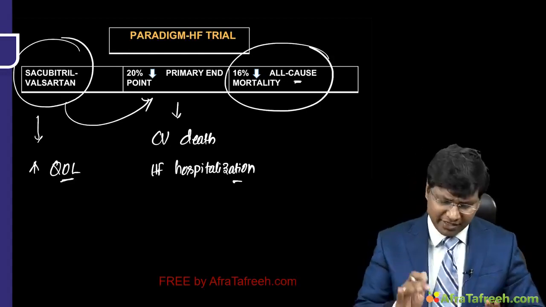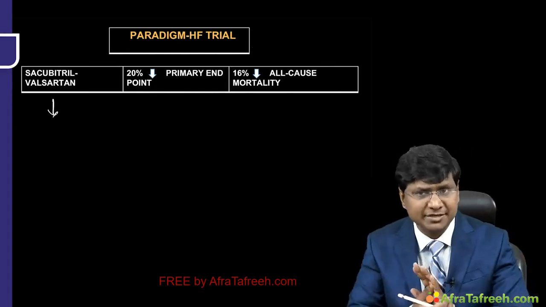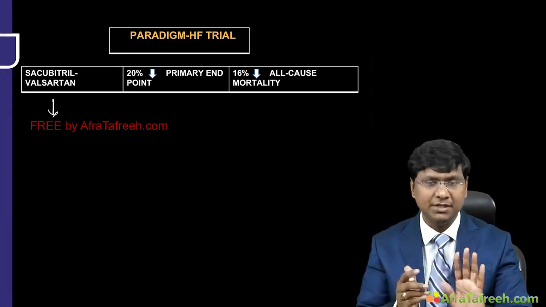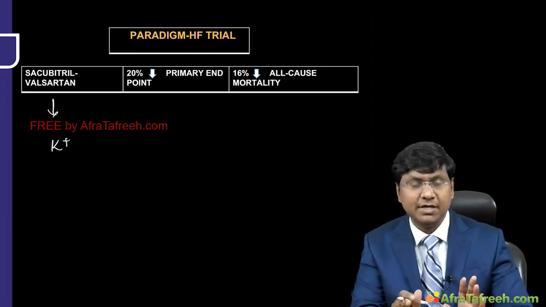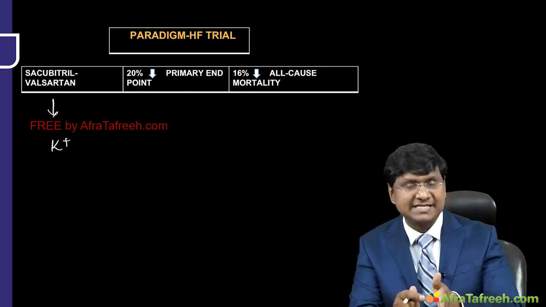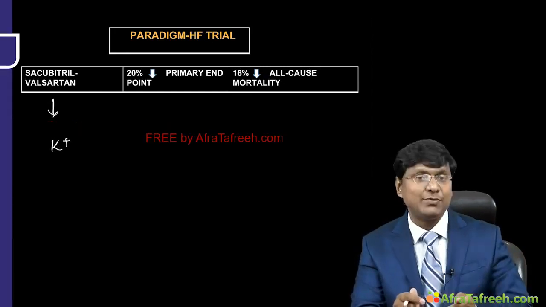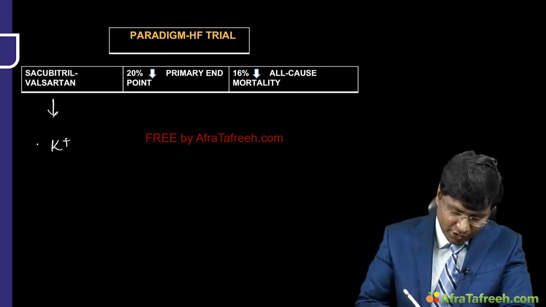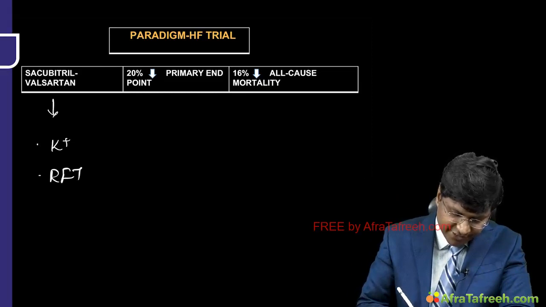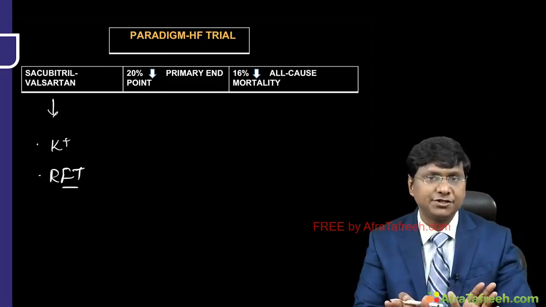But the only thing is, whenever you are giving this combination of sacubitril and valsartan, you need to be very careful about the potassium, right? So you need to monitor the potassium. Compared to ACE inhibitors plus ARBs causing hyperkalemia, with sacubitril plus valsartan the chance of hyperkalemia is less. You also need to monitor the renal function tests, because this combination can also cause worsening of renal function.